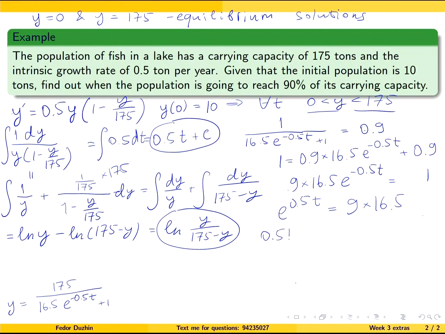So 0.5t equals the logarithm of this, 9 times 16.5, and t itself is 2 ln of 9 times 16.5. I hope I haven't made any mistakes, but if I have, then sorry, please let me know.